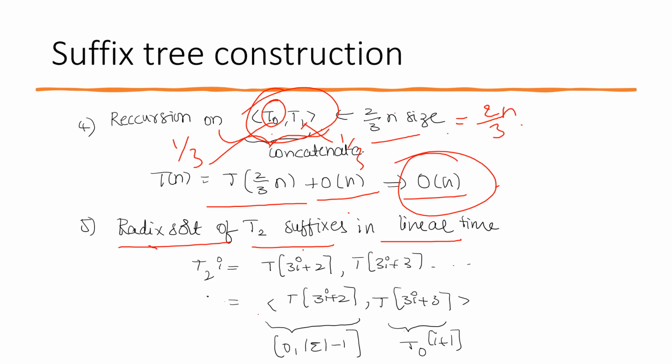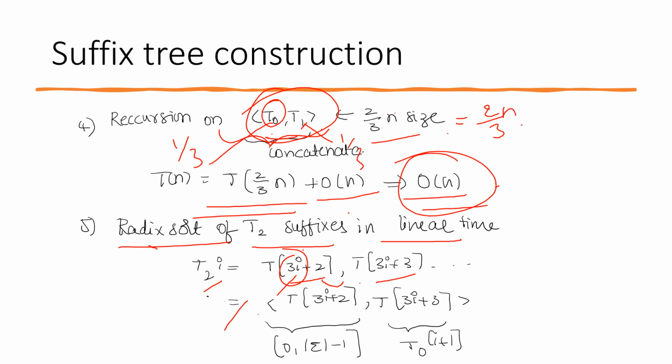If we look at the suffix T2 of i, it is T from 3i plus 2 onward. If the first character is removed, the remaining characters are something like T0 or T1. So if we strip the first letter, we get a suffix that we already know about. We already concatenated and sorted T0 and T1.